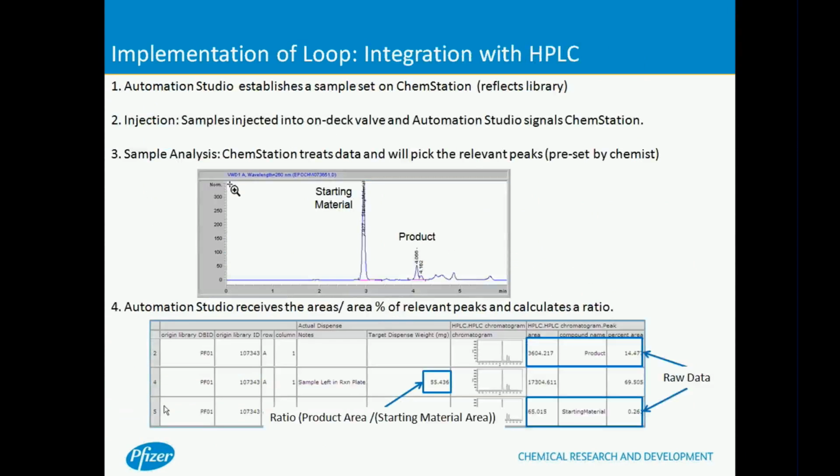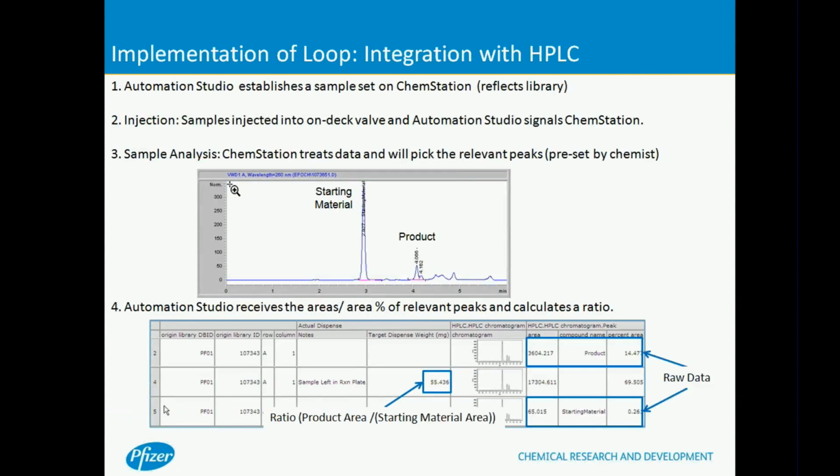So now we have the automated system taking the samples. Now it's a question of integrating the system controlling the automation with the HPLC itself. And the folks at Freeslate have helped us connect in with our ChemStation.